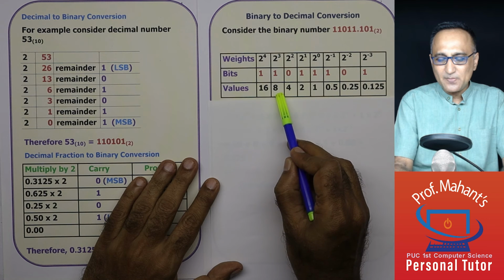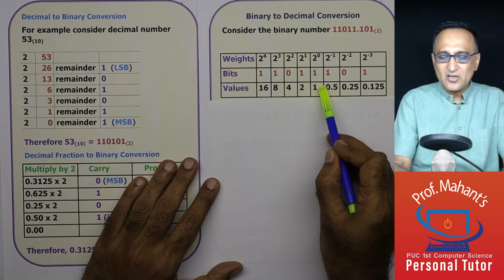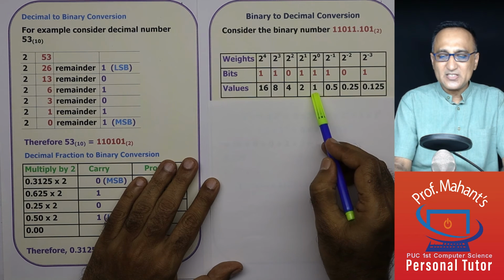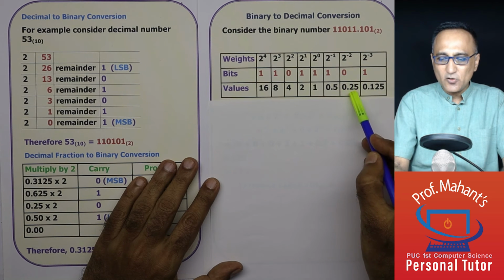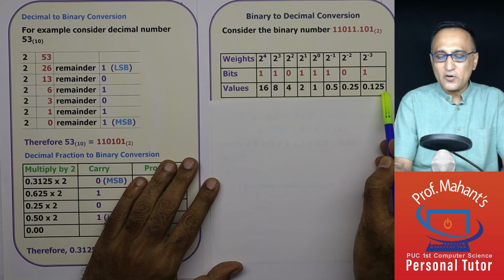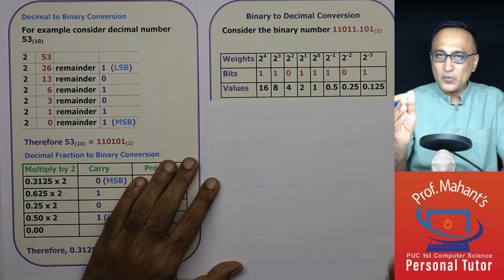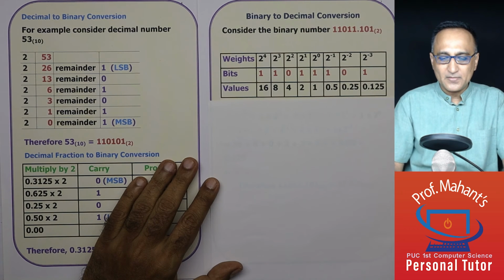So if you add 16 plus 8, 24, 26 and 27. So you can see the left side of the decimal place is 27. Here also you can ignore this 0 into 0.25. It is 0.5 plus 0.125, which is equal to 0.625. So it should be 27.625.